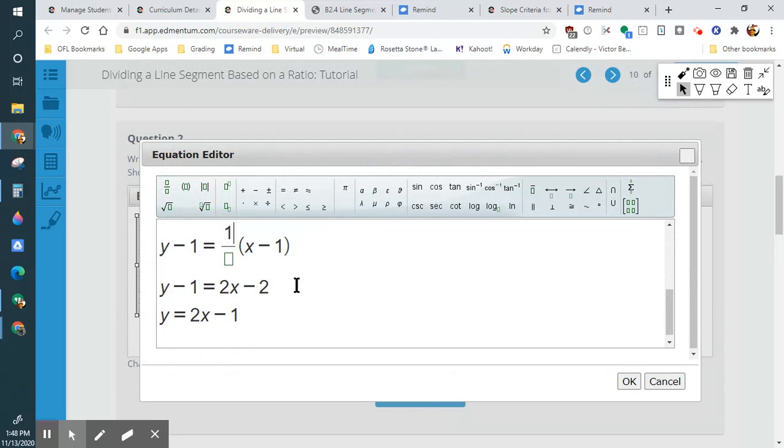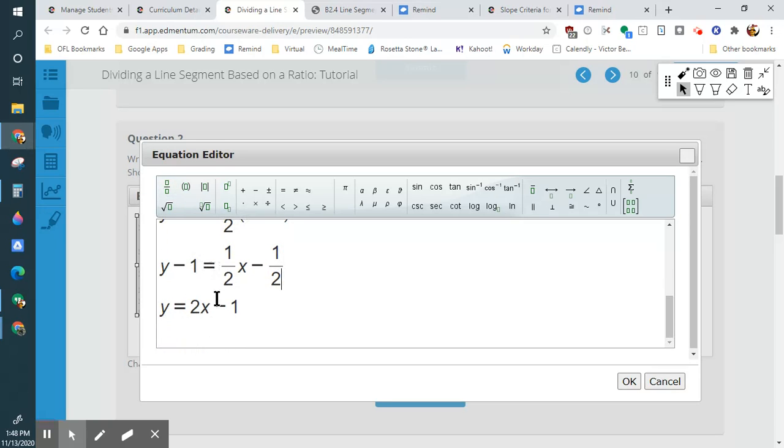So let me go back and fix this. So that means this is 1/2, meaning that this is also 1/2. And when I add that, what ends up happening here is we get this. This becomes a positive 1/2.